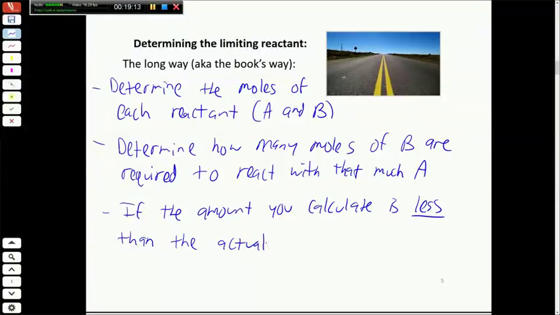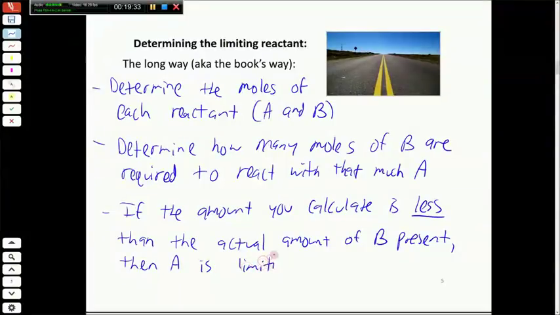So you calculate an amount that is less than the actual amount of B present. That means we have more B than we actually need. That would make A the limiting reactant.